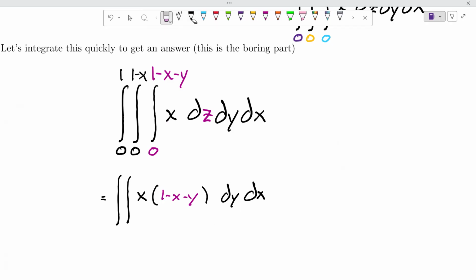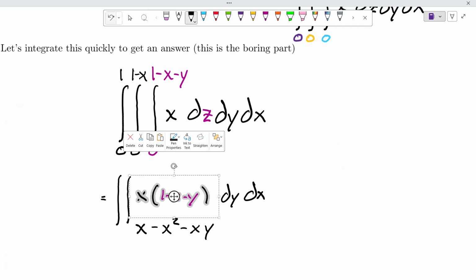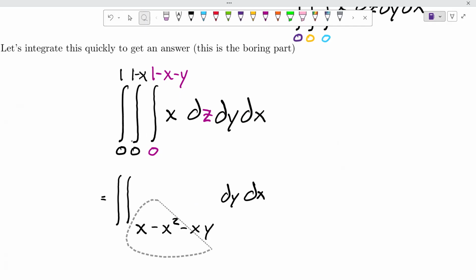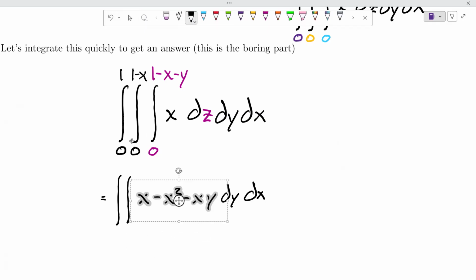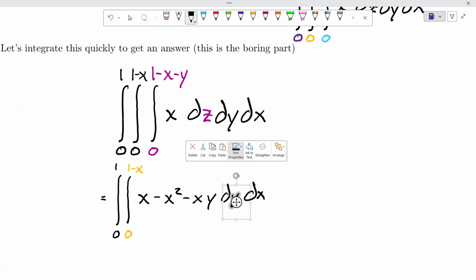This will be x minus x squared minus xy, right? After I distribute the thing. Just clear that out of the way, move that thing in. And we're still going from 0, let's actually fill this in yellow, 0 to 1 minus x, with x still going from 0 to 1.